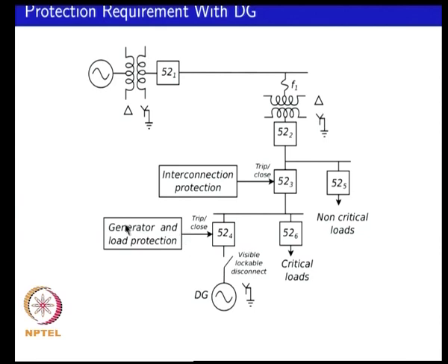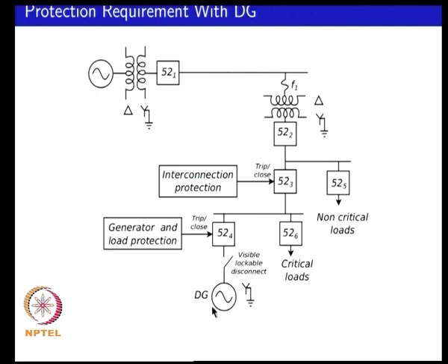You would also like to have protection for your DG generator itself, and in case when 52.3 is open, your interconnection is open, you want this breaker to also protect your critical bus. Okay. So, this would be your critical bus. You might have one critical load or multiple critical loads connected to your critical bus, and you need to ensure that you have your DG and load protection being implemented again in an appropriate manner, and that again should be independent of DG control.